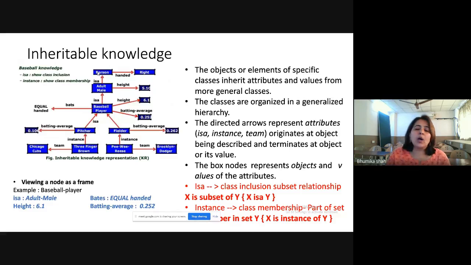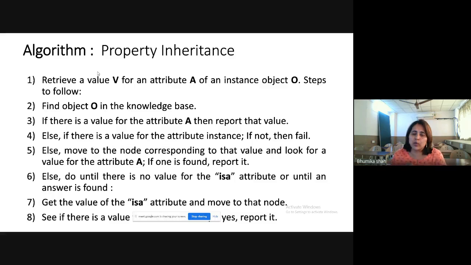To manipulate inheritable knowledge, we will use an algorithm called the property inheritance algorithm. In many GATE papers, they have asked: write and explain the property inheritance algorithm, 7 marks. You just have to write down these 8 steps, which are very simple, and that is nothing but the property inheritance algorithm.